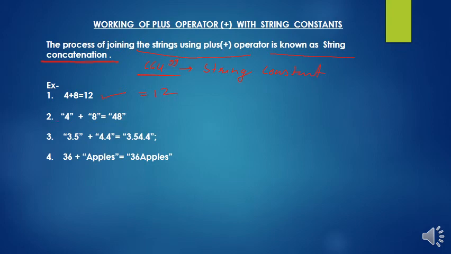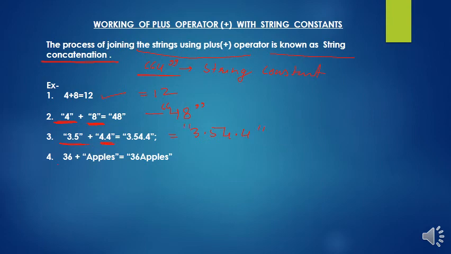But when 4 is written inside double quotes, meaning string constant 1, and 8 is written inside double quotes, meaning string 2, it concatenates the first string and joins the two strings. The first string is 4, the second string is 8, so it will join the two strings and store the value 48. Second, the first string is 3.5, so it writes the first string, then the second string, and joins to give 3.54.4.